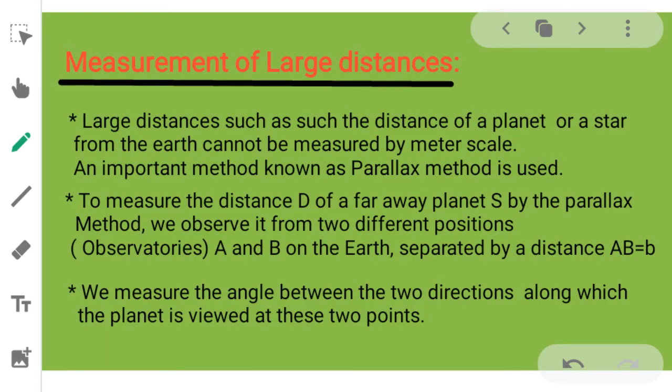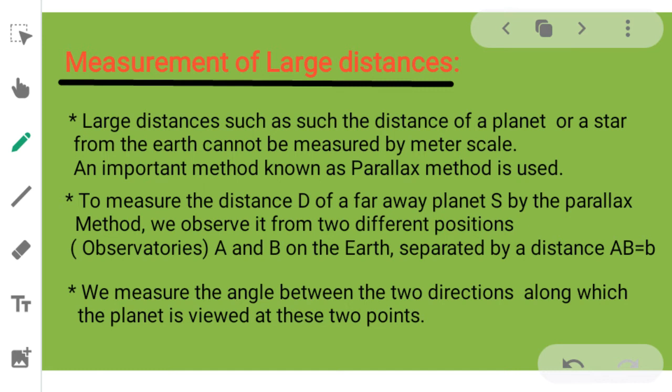Measurement of large distance, such as the distance of a planet or a star from the Earth, cannot be measured using a meter scale. It is a very small tool to measure large distances. An important method known as the parallax method is used.